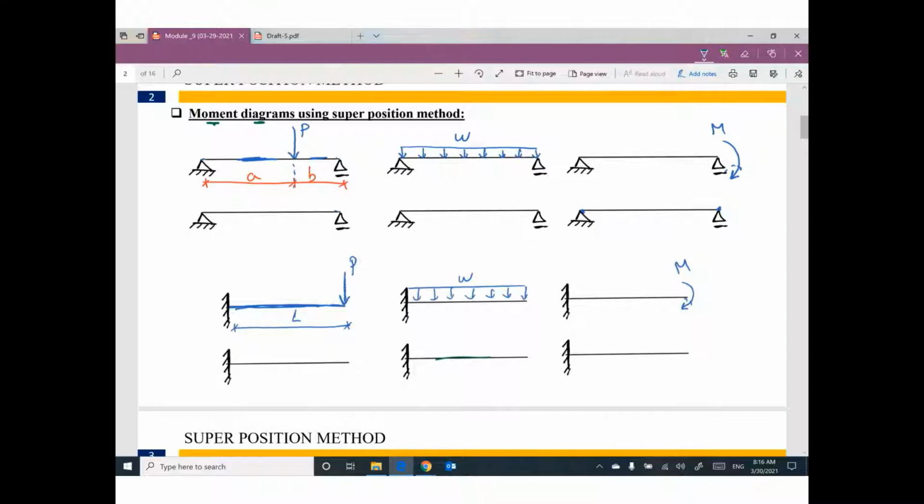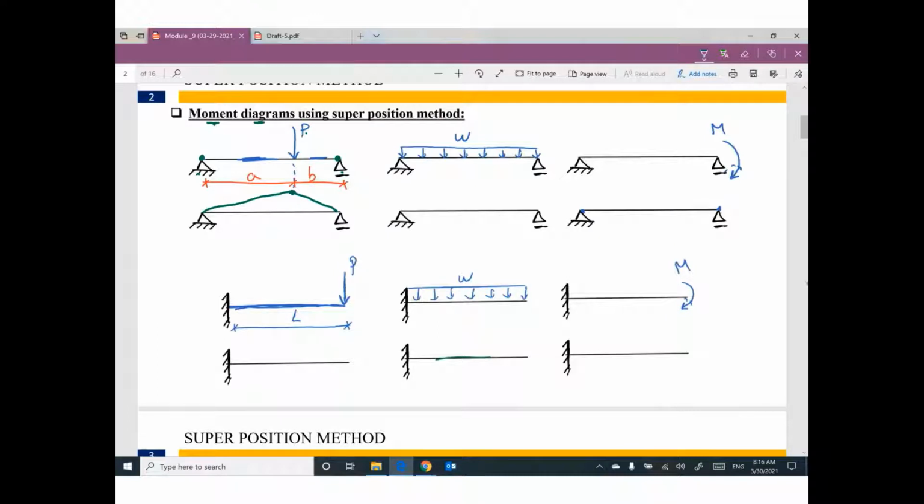If you have beam simply supported, means between the roller and the hinge, and you have concentrated load P, the bending moment diagram will be triangle. The vertex of the triangle under the location of the load, like this.